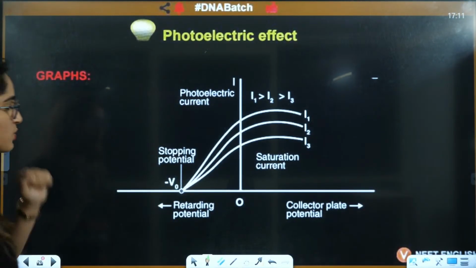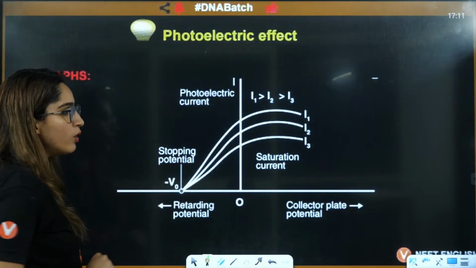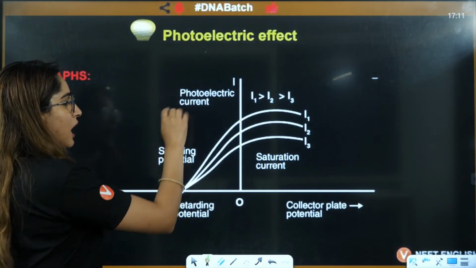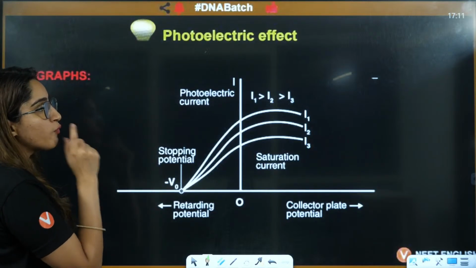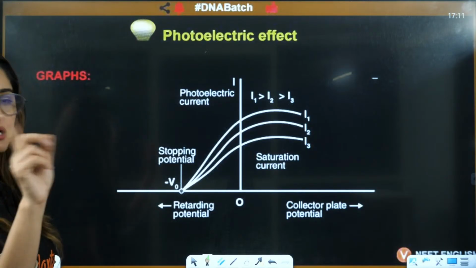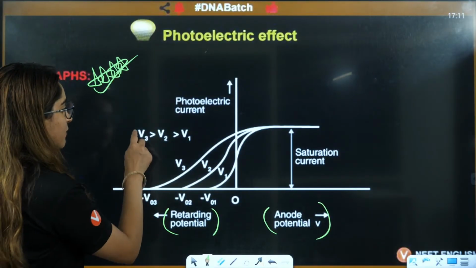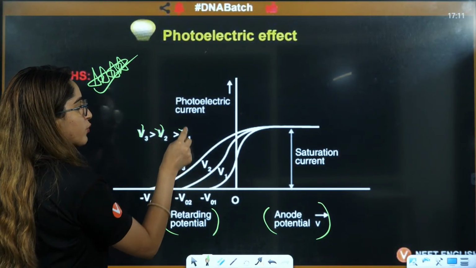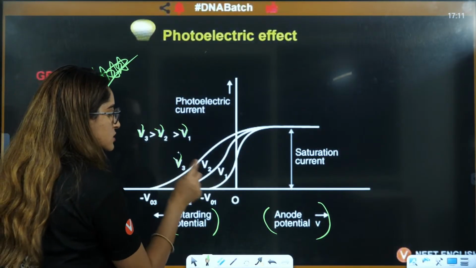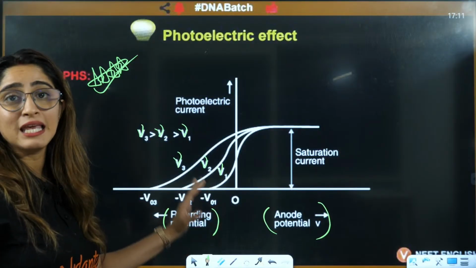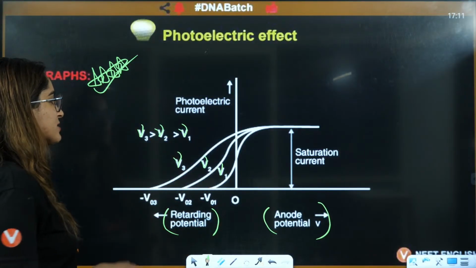Next graph is this one. Here again, this is the retarding potential and this is the positive potential. Again it is photoelectric, but right now we are discussing different currents. Here we were changing the mu, that means we were changing the frequencies, right? This is the graph you will see for 3 frequencies.